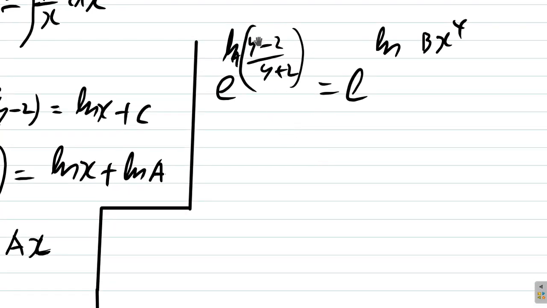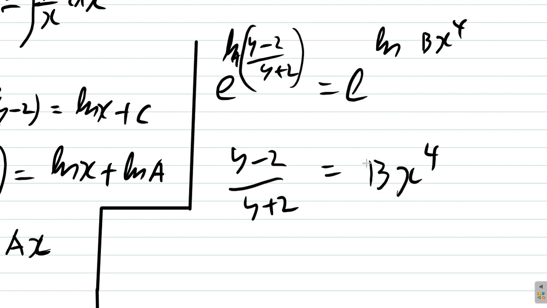Remember, e to the power of ln, the rule of indices again, the e and the ln cancel each other, leaving the number undisturbed. So you have (y - 2) over (y + 2) is equal to b x to the 4th power. So that's what you have.